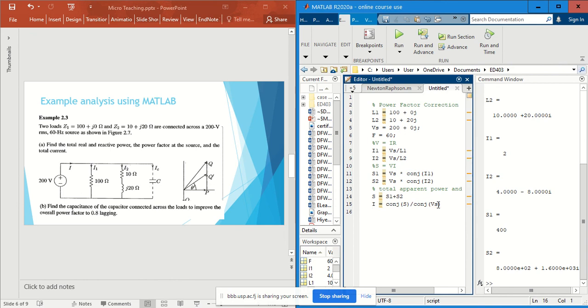Now we can find the initial power factor that we have. So the power factor at source will be, so we are going to say Pf because we have already defined this, equal to cos of the angle of the total current. Okay, so let's see what the power factor is.